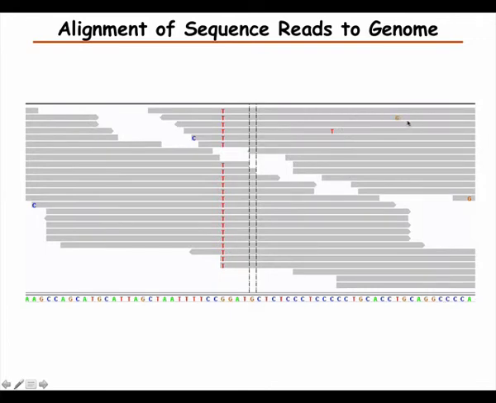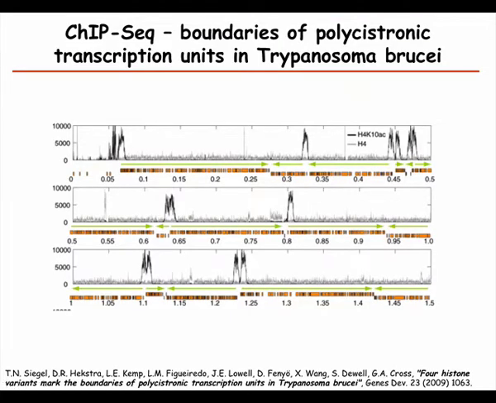So here there are some sort of lonely mismatches, but these are probably just errors in the sequencing. Then if we go a little bit higher level, this is ChIP data from Trypanosoma brucei, showing the distribution of histone H4 through the genome, and histone H4 that's acetylated at lysine 10.